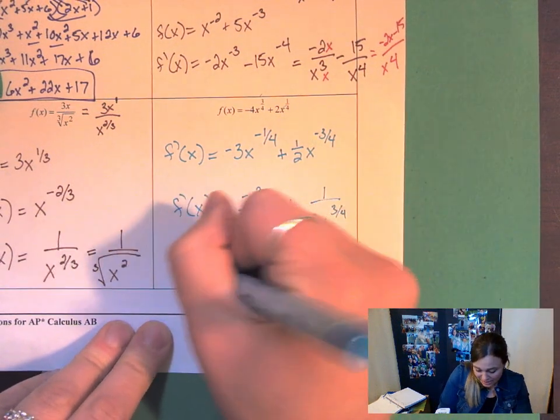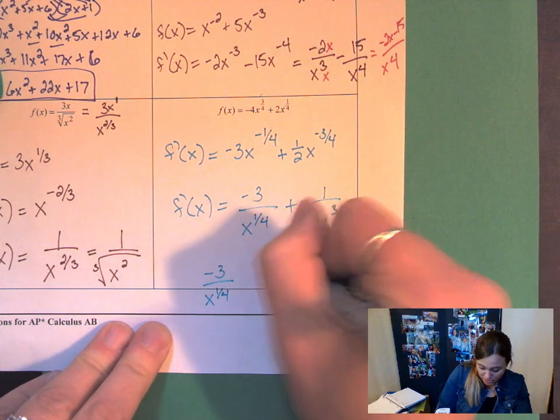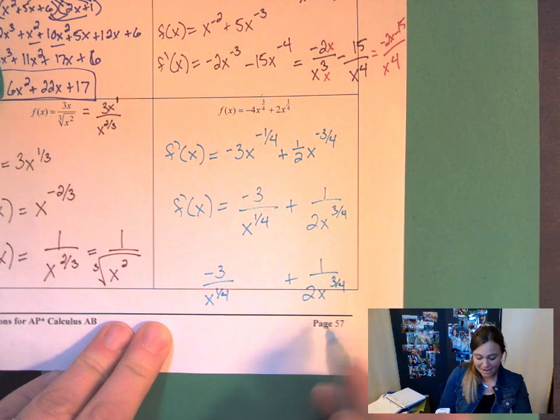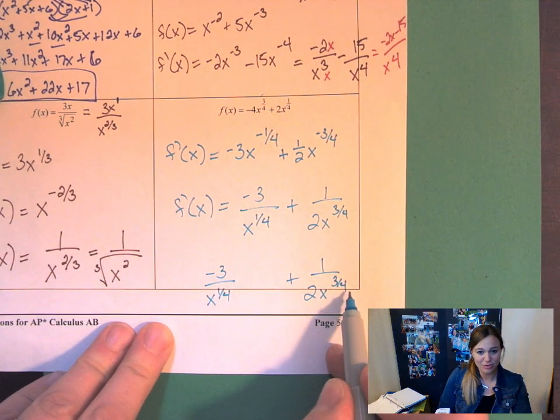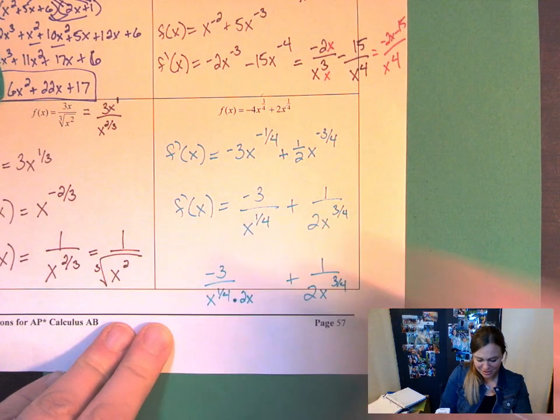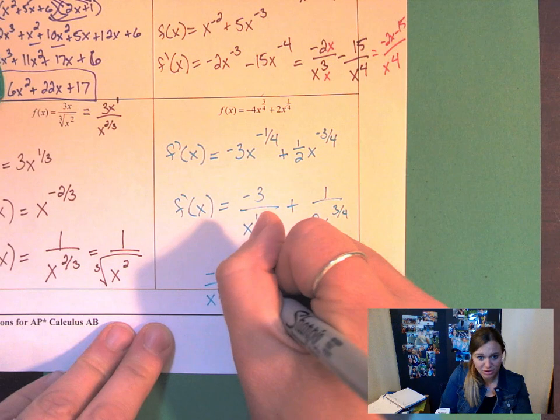But I could say negative 3 over x to the 1/4 power plus 1 over 2x to the 3/4 power. And in order to get this to be x to the 3/4 also, and have a 2 in it, I would have to multiply by 2x to the 2/4, also known as 1/2.